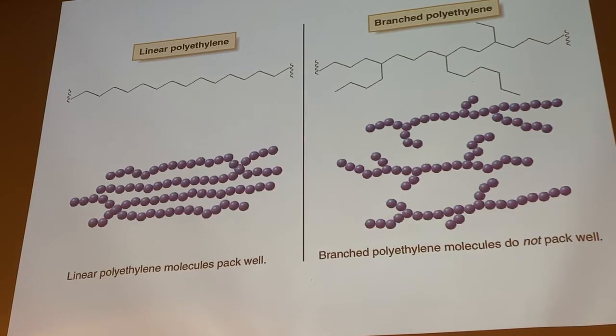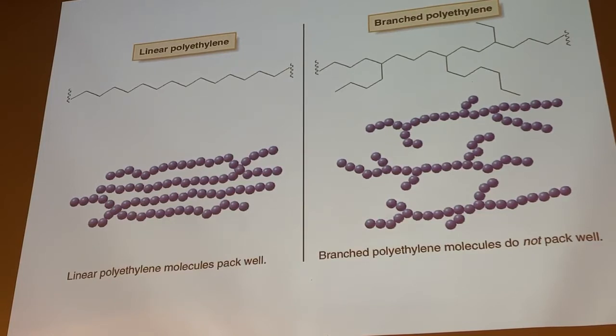They would have increased van der Waals forces holding those chains together than branched polyethylene molecules. These would have weaker van der Waals forces, as the presence of those branches would keep those chains from getting as close to each other. Okay? So stronger van der Waals forces in linear polyethylene, weaker van der Waals forces in branched polyethylene.